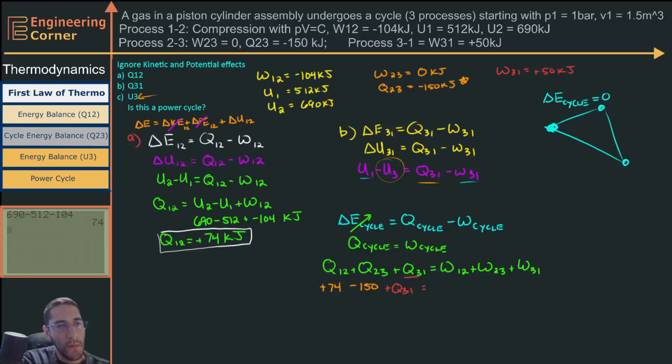equals my work from 1 to 2. I know that. It was given to me. This was minus 104 kilojoules. Work 2 to 3. Okay, we were told this is 0 kilojoules. In work 3 to 1, we were told this is plus 50 kilojoules. So I can solve Q3 to 1 is equal to minus 104 plus 50 minus 74 plus 150.